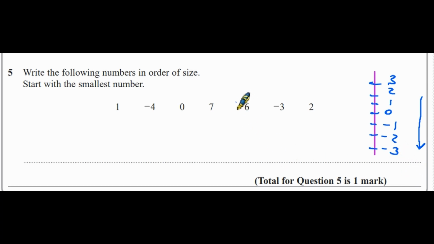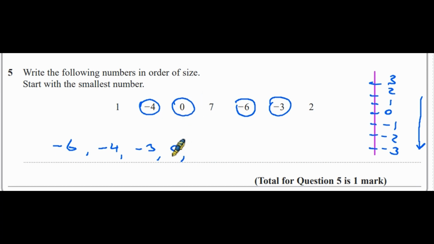So the first number we are looking at as the smallest number is -6. Then we are looking at -4. Then -3. There are no more minuses, so the next one is 0. And then we carry up numerically 1, followed by 2, followed finally by 7.